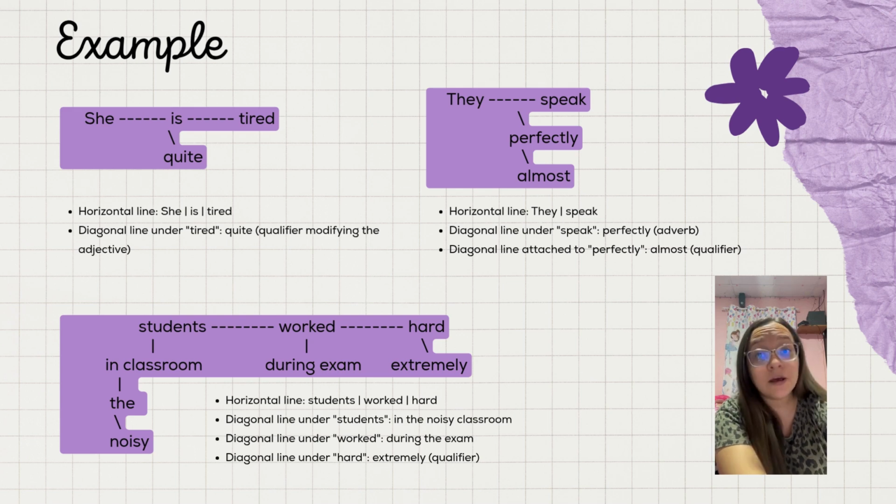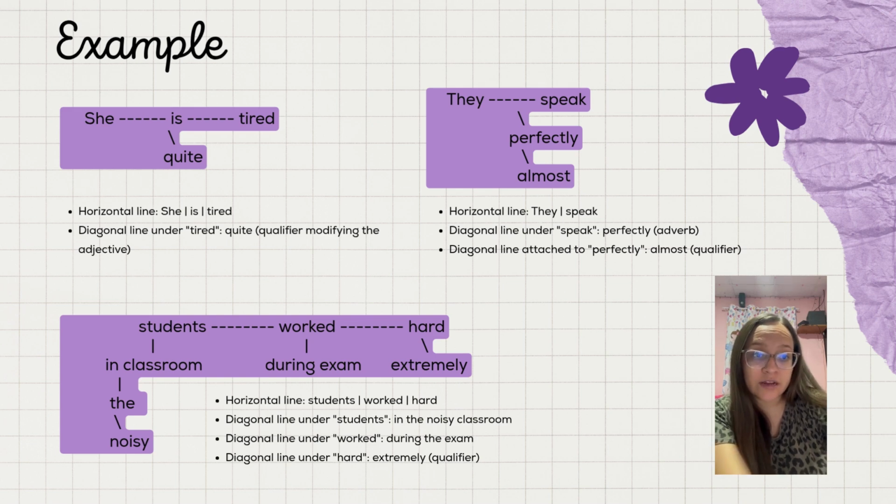She is the subject, is is the linking verb, and tired is the subject complement, specifically an adjective describing she. Tired is an adjective, so it's placed on the horizontal line right after the word is.